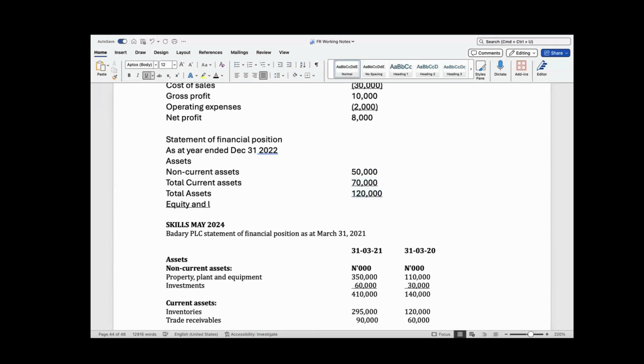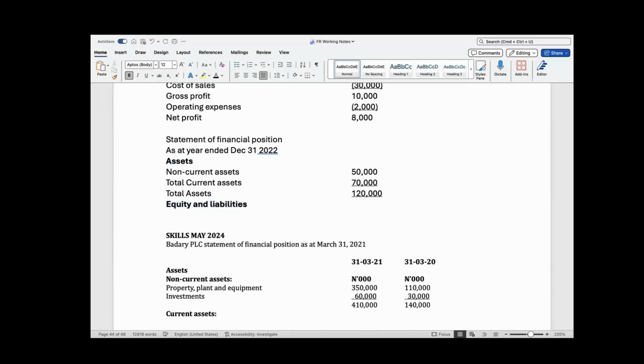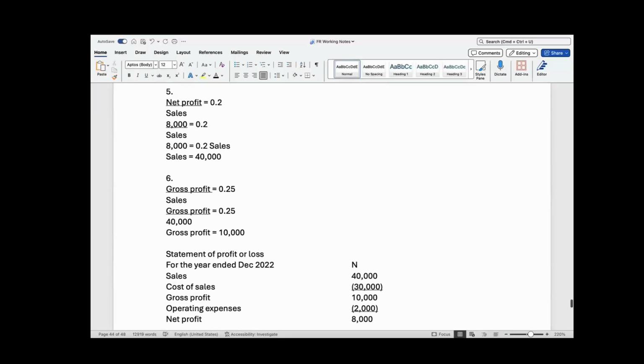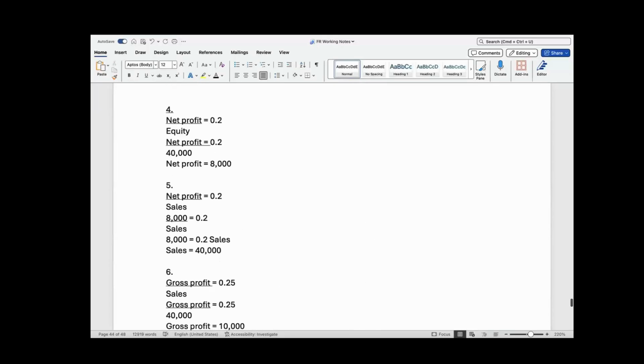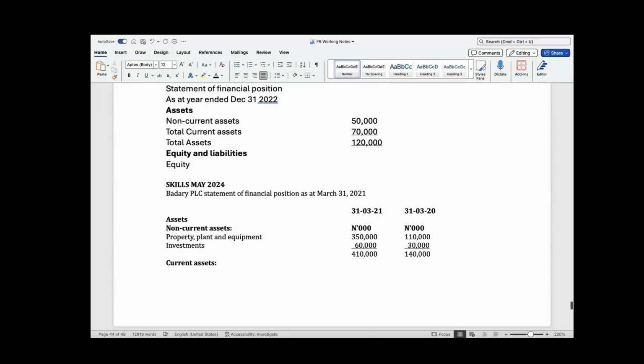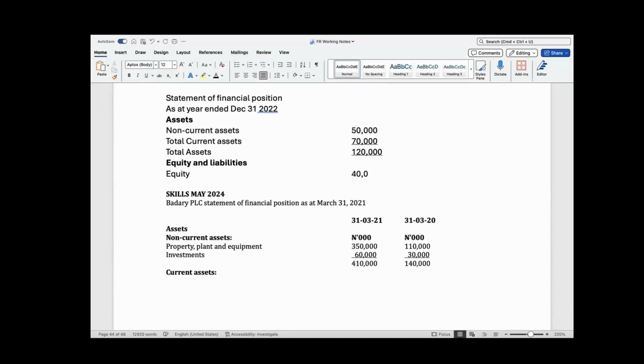Then my equity and liabilities. I have my equity up here. What's my equity? I have my equity as 40,000 from what we have here.